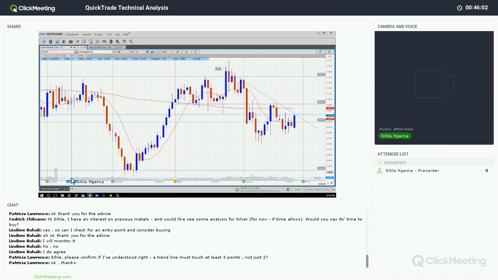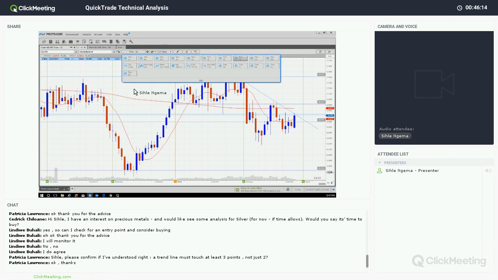1691 is the level where I think we can get a lot of sellers on silver. Let's just quickly go check the monthly.